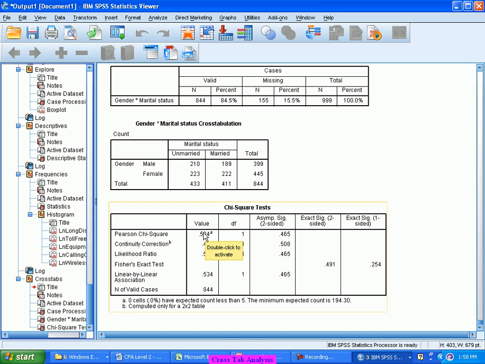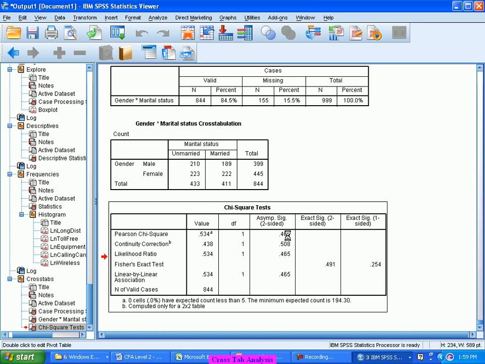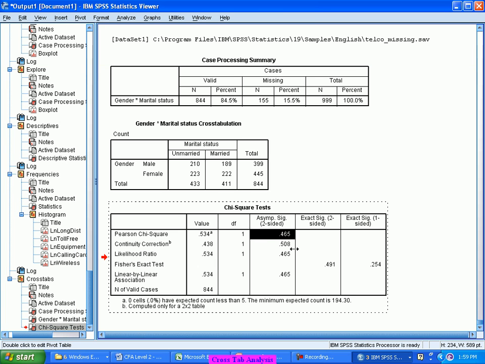But for us, as interpreters, all that is important is one single value, this one. All that is important for us, for this entire conclusion on the test, is the significance level.